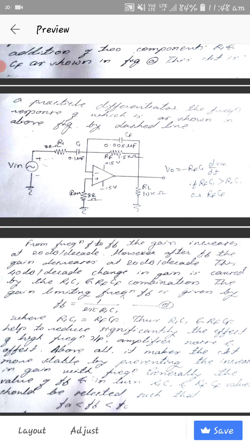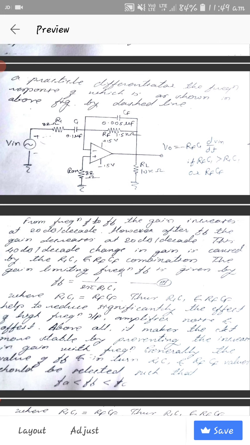That means we apply the input to the inverting terminal through the R1 resistor and C1 capacitor, and the output is connected to the inverting terminal of the operational amplifier. In the feedback we use the RF resistor and the CF capacitor. The R1 resistor used at the input is 82 ohm, the capacitor used in the feedback is 0.05 microfarad, the resistor is 1.5 kilo ohm, and the C1 capacitor used at the input is 0.1 microfarad.